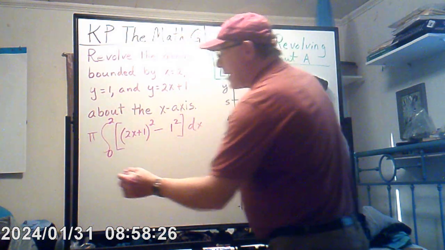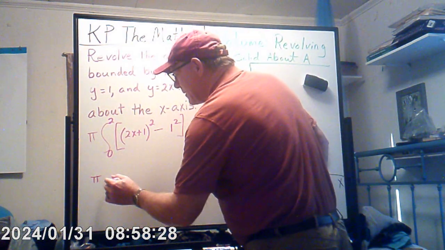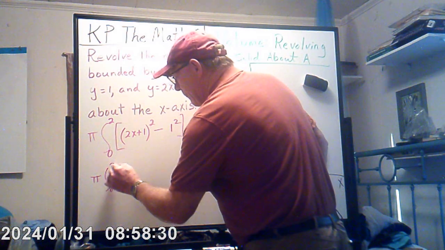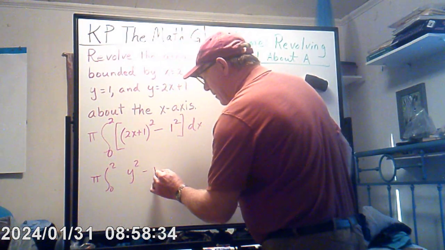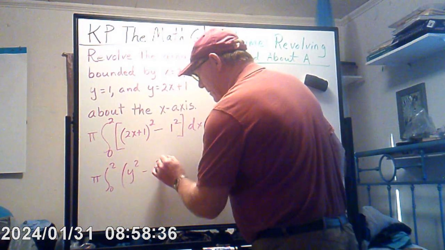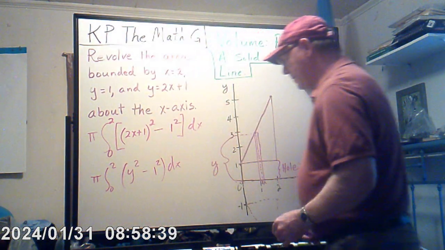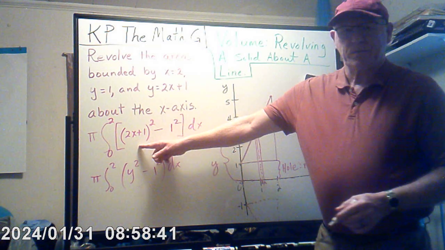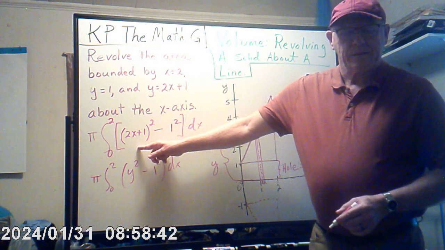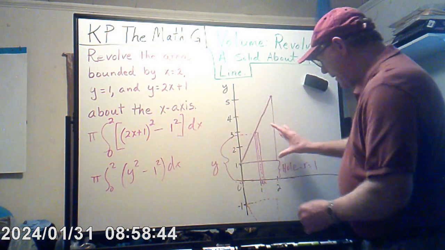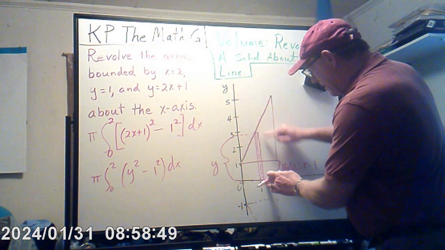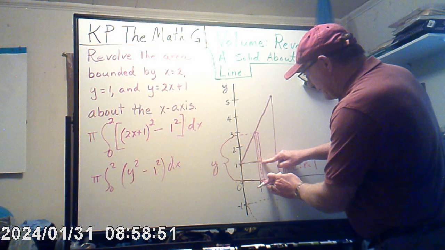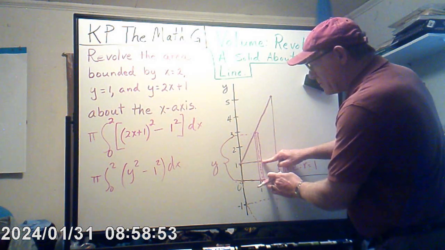And actually what I did here was, this is y squared minus the little r. And y happens to be 2x plus 1. That's this y, the big radius, minus the little radius, the whole.